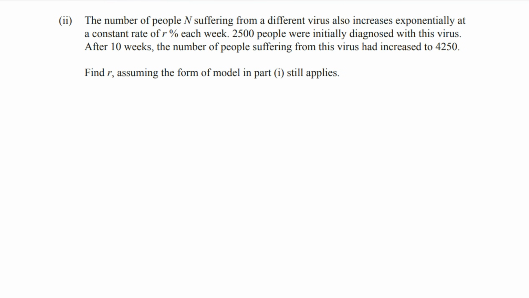So similar type of question. We've got something that's increasing exponentially at a rate constant r. We don't know what the rate is. We know the initial number of people diagnosed was 2,500. So when t is equal to 0, we can say that N0 is equal to 2,500.